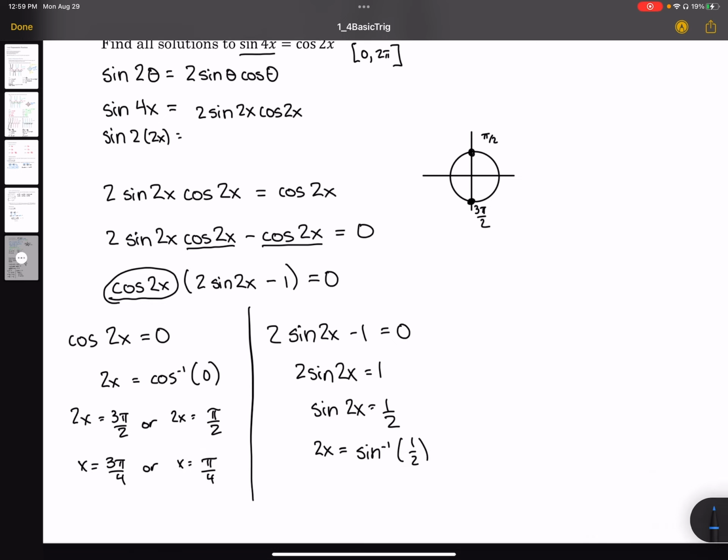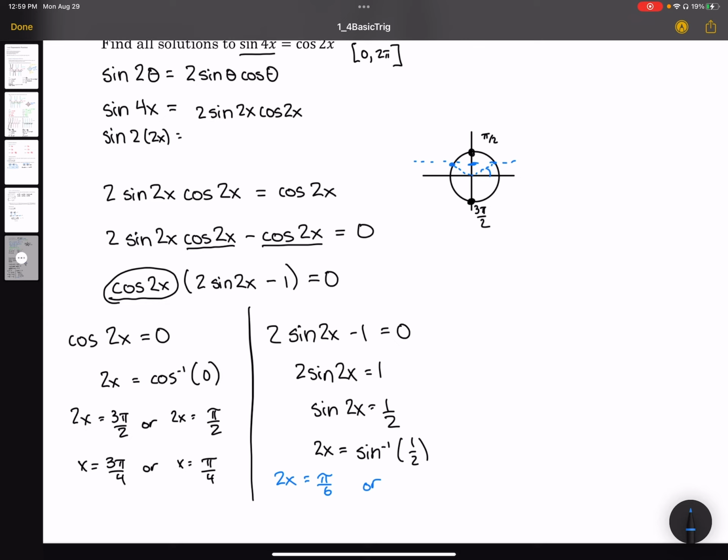So now we'll do this in blue. So the same thing. If 1 is up here, consider a half to be like right here. So if we draw an angle on the unit circle, sine is going to be a half twice, and we need to know what those two angles are. Now again, if you know the unit circle, you know the first one is 30 degrees or pi over 6. So 2x equals pi over 6.